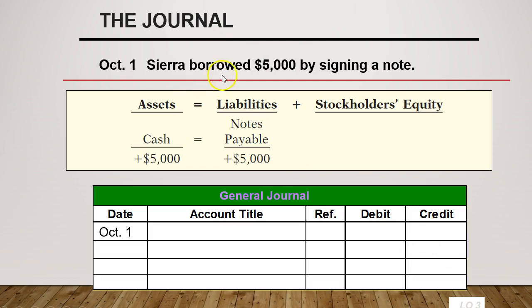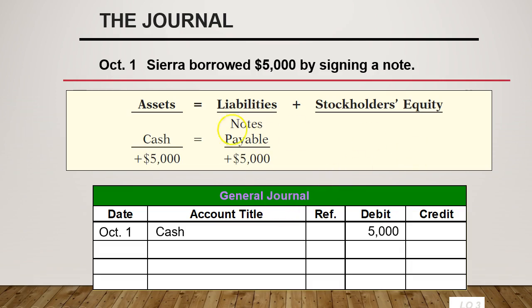Next, we borrowed $5,000 by signing a promissory note. We know the accounts involved were cash and notes payable. Once again, cash is an asset. Notes payable is a liability account. Both accounts are increasing. Assets increase on the debit side. Liability accounts increase on the credit side.